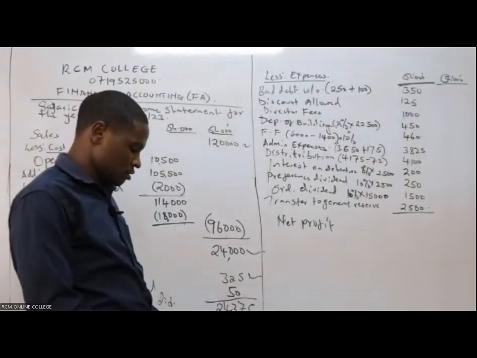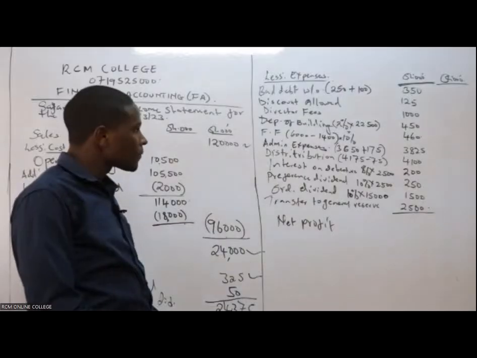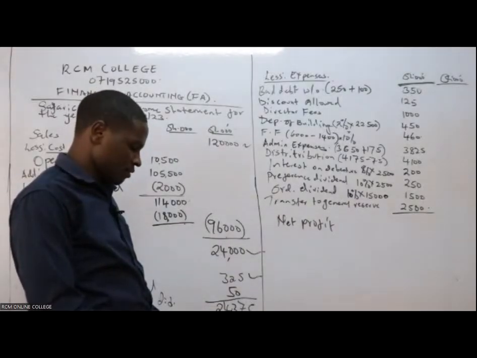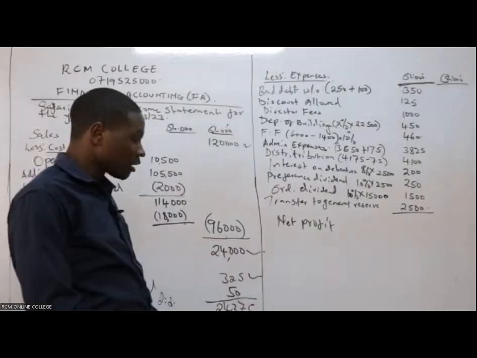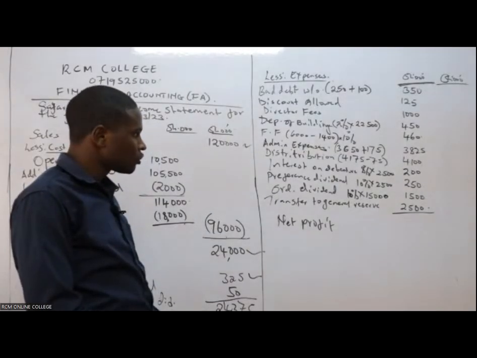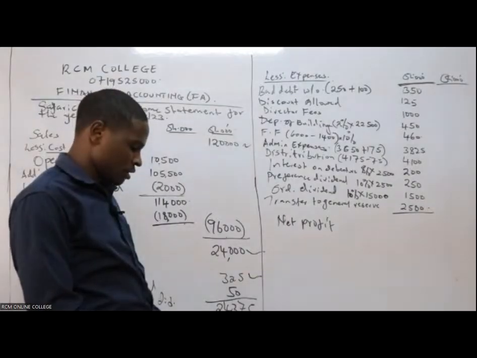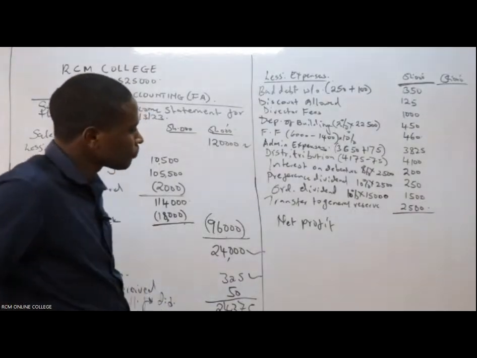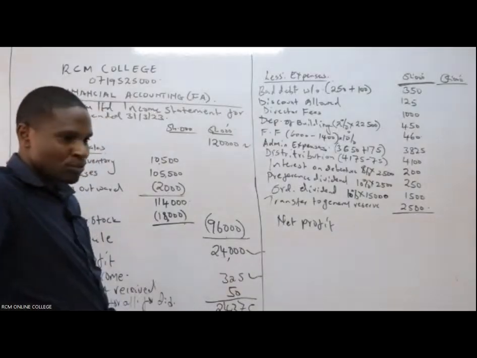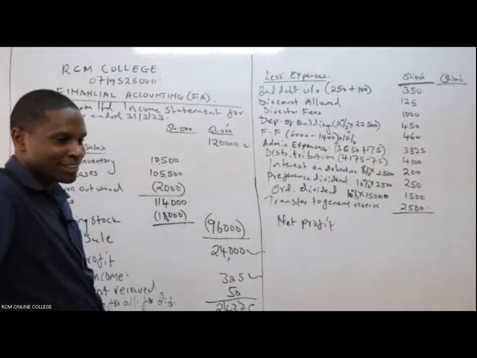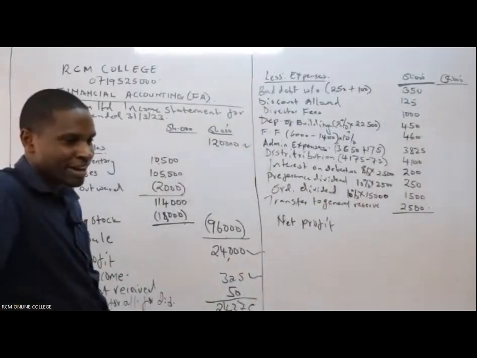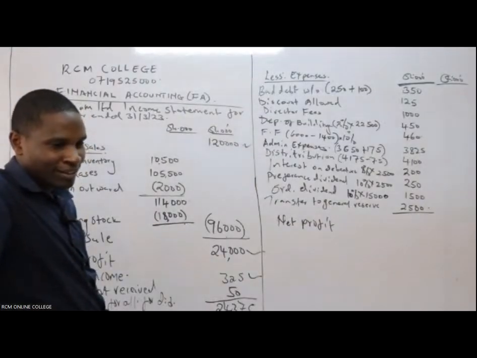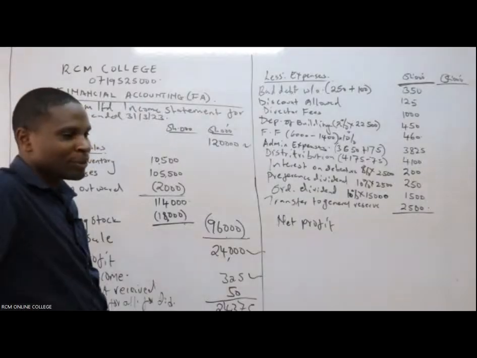Plus 460 plus 450 plus 3825 plus 4100 plus 200 plus 250 to go almost there, plus 1,500 which we were leaving out, plus 2,500. I'm getting 15 to 10. Now you people, you are not giving me your figure. Do you see our time? We are having like 5 minutes. What are you getting from your end?